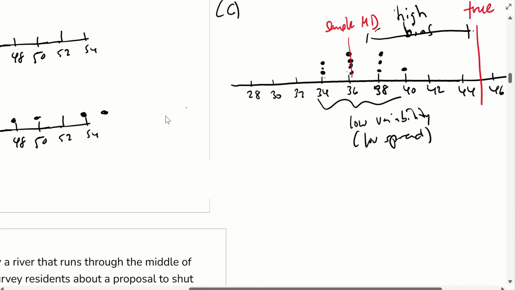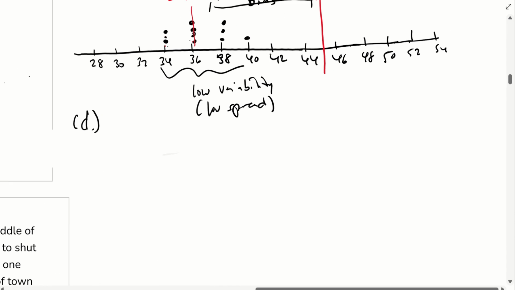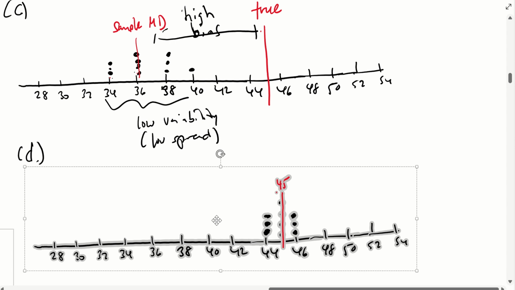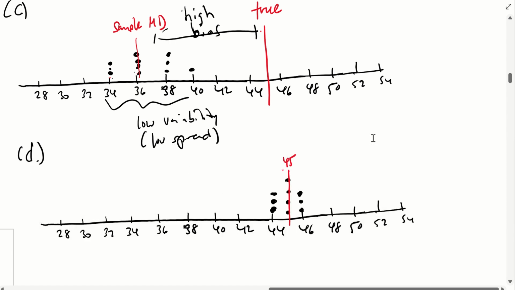All right. So let's do part D. So this time, let's do this. So now we're going to do high bias, high variability.